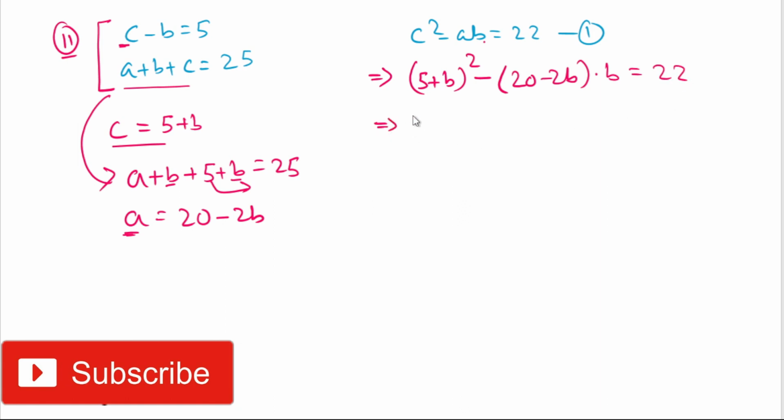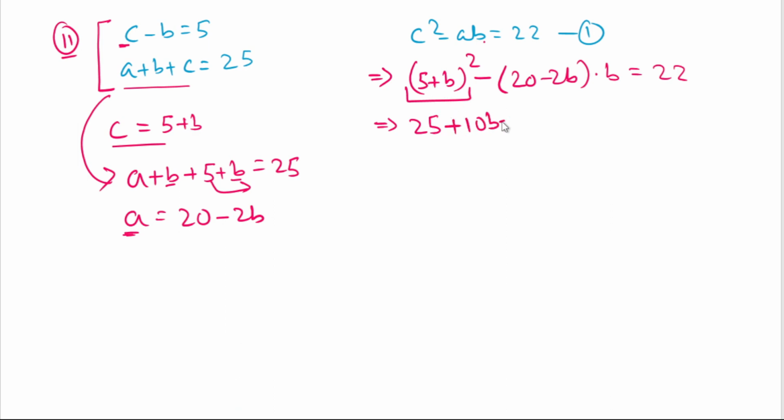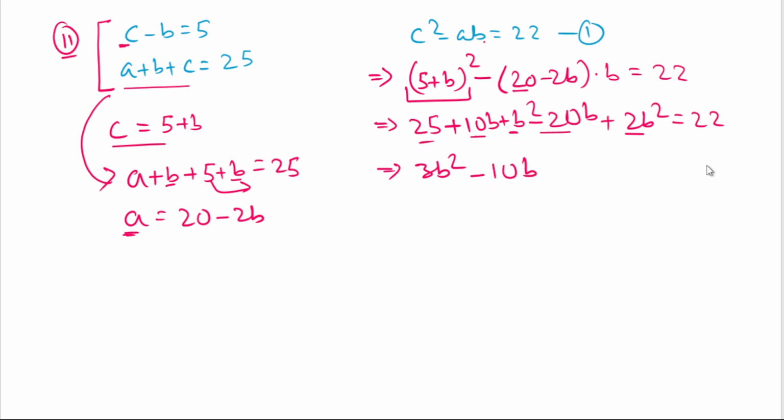So here it is in the form of a plus b whole square, so we'll write 25 a square plus 2ab means 10b plus b square, and here minus 20b plus 2b square, that is equal to 22. Now here b square and 2b square is 3b square plus 10b, negative 20b will be negative 10b, 25 and this 22 will be negative 22, that will be plus 3, that is equal to 0.